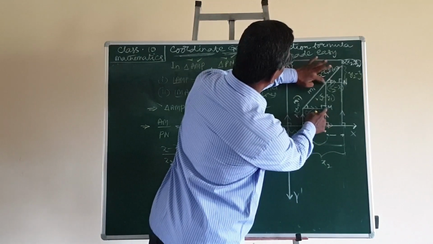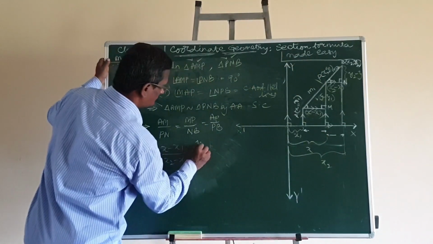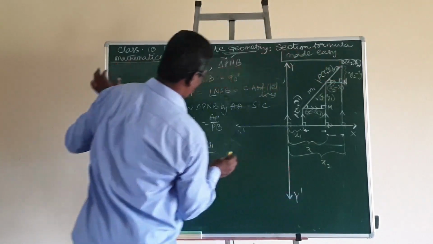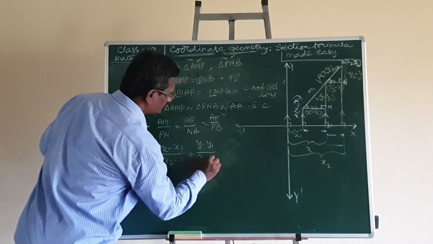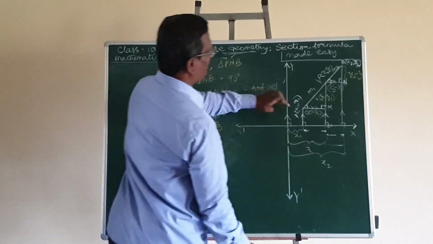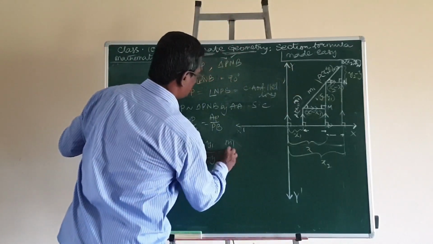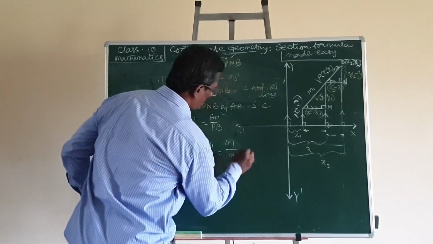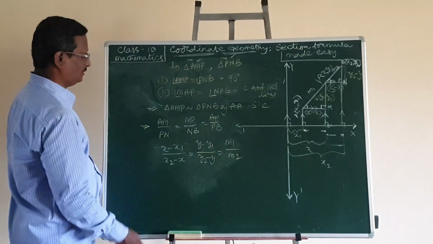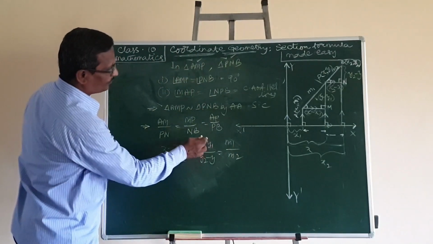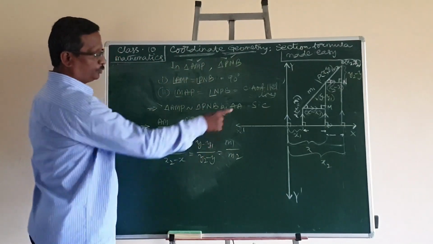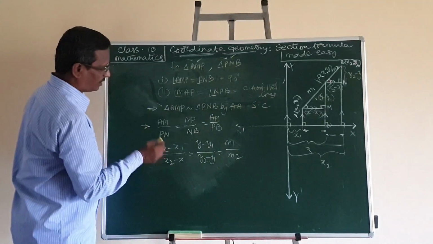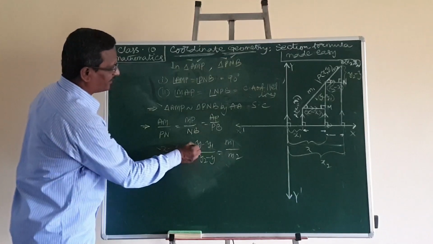MP is y minus y1 by NB, which is y2 minus y, is equal to AP is m1 and PB is m2. The m1 and m2 values are given. x1, x2, y1, y2 are also known to us because we know the coordinates of A and B. Only the unknown quantities are x and y.